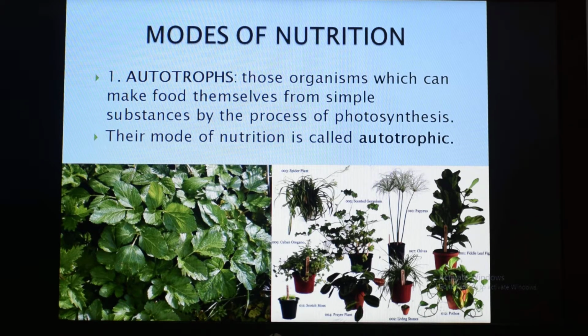Thus, the question arises, why can't humans prepare their own food? The answer is that our body does not have the green color pigment called chlorophyll that the green plants have, which is necessary to absorb energy from sunlight required for making food by photosynthesis.